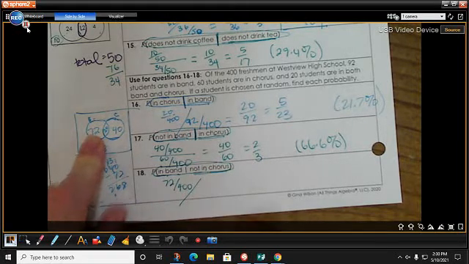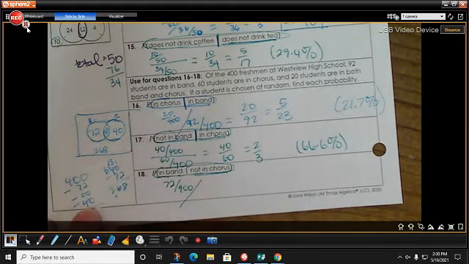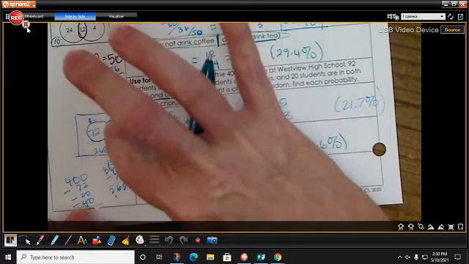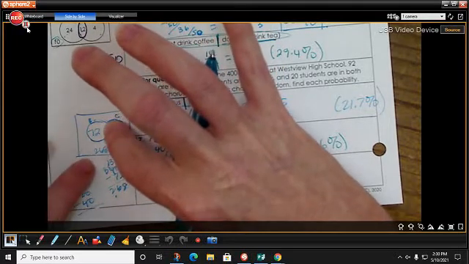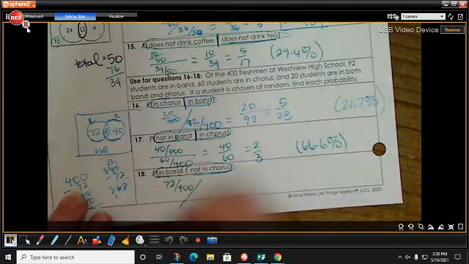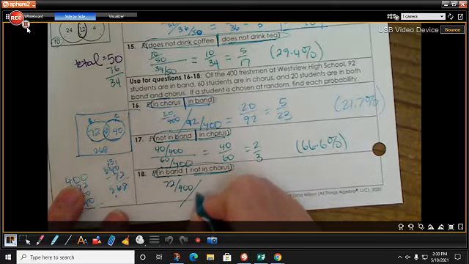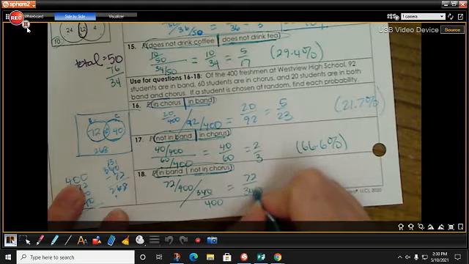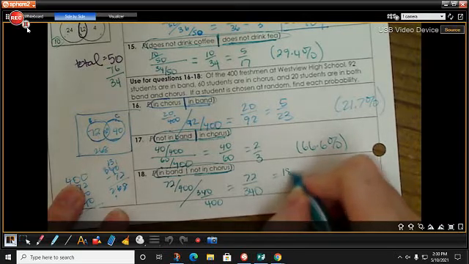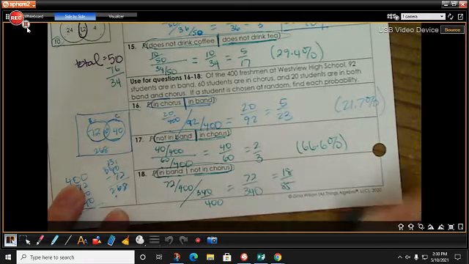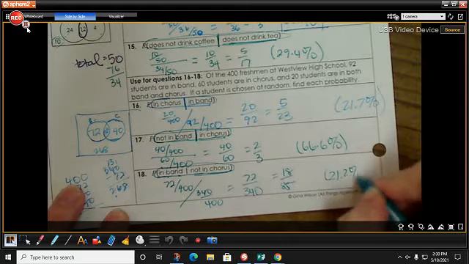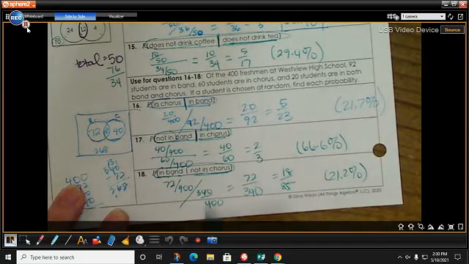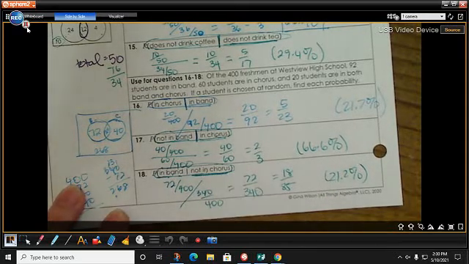And then my total number of people who are not in chorus altogether is going to be the 72 and the 268, which is going to be 340 out of the 400. And so I have a 72 out of 340 chance, which simplifies to 18 out of 85. That's about a 21.2% chance that I'm in band given that I know I'm not in chorus.